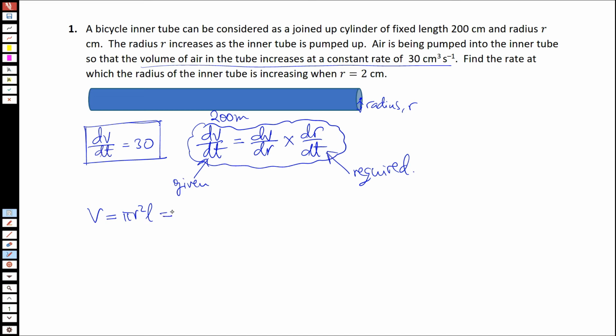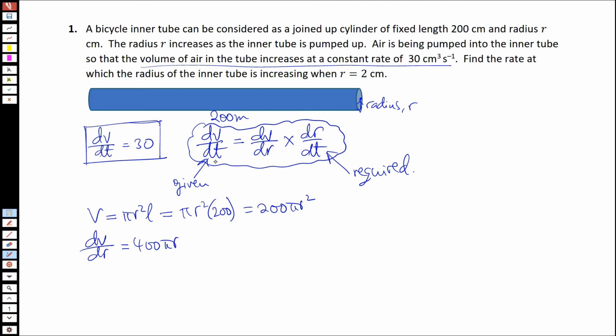Because the length is fixed, we'll just plug in 200, so that will be pi r squared multiplied by 200. So this will be 200 pi r squared. So the derivative of v with respect to r, which is given by dv over dr, we differentiate that with respect to r, so that will be 400 pi r.